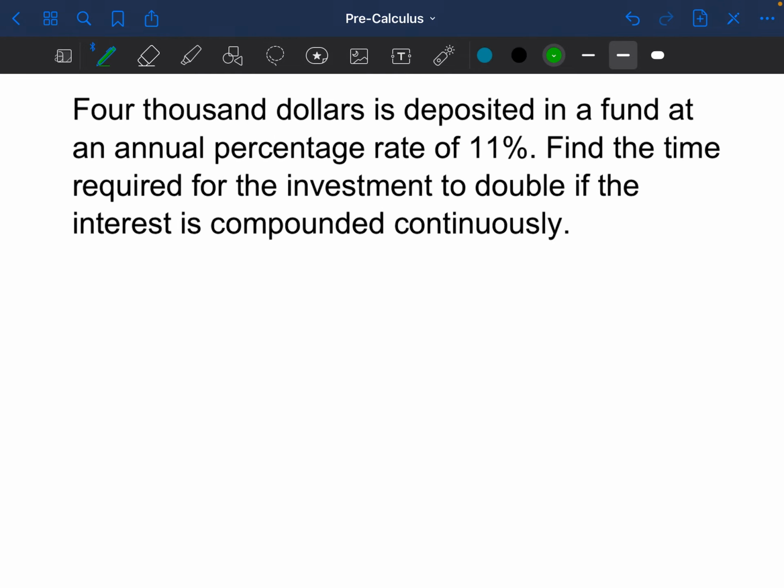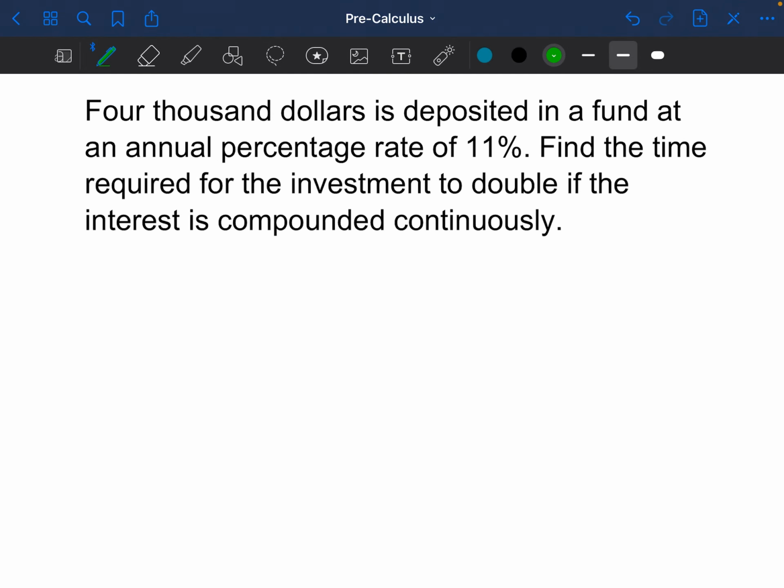All right, this one, sometimes you're going to have to solve for different things in an equation. This one specifically, we are looking at how much time is required. So let's go through figuring out how to do that. It says $4,000 is deposited in a fund at an annual percentage rate of 11%. That's pretty big. Find the time required for the investment to double if the interest is compounded continuously.